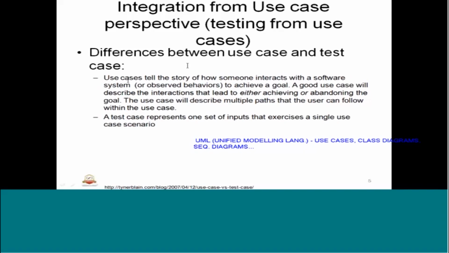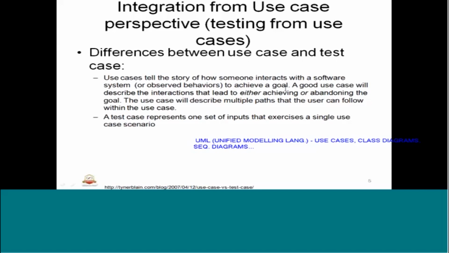The basic difference is that use cases tell the story of how someone interacts with a software system, or the observed behaviors. That is what the user does to achieve a goal. The goal could be accepting some value, computing something and resulting in some other value, or achieving some of the results. That could be a functional block for that goal.